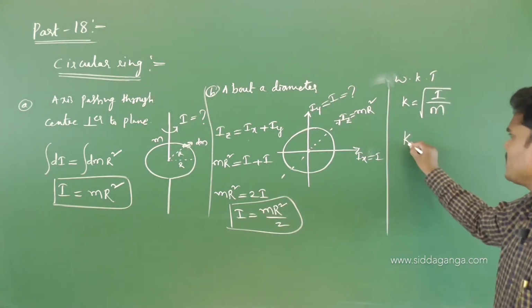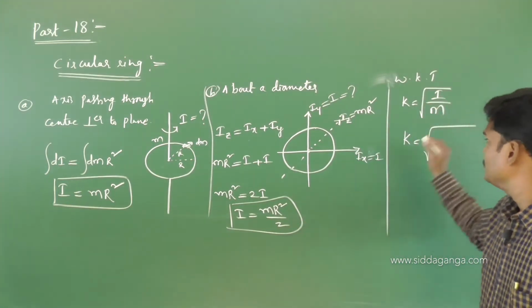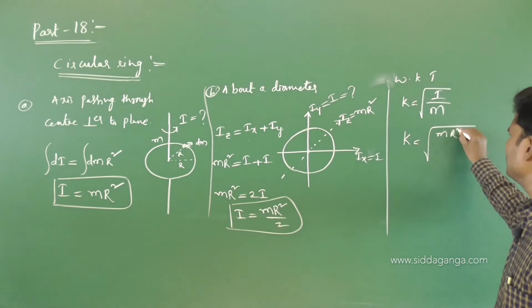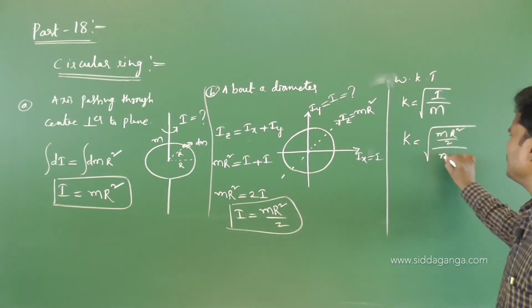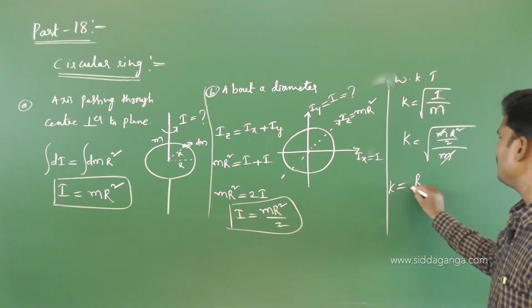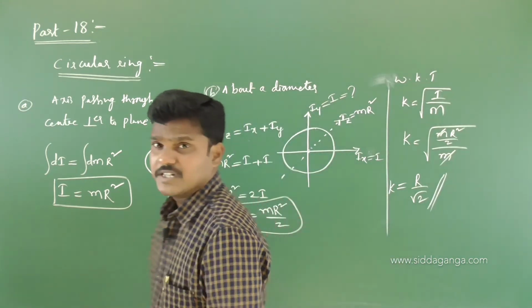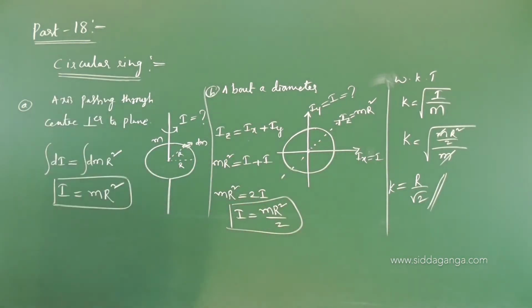What is I? About a diameter, if they ask, you substitute the about-diameter formula, so m r square by 2 by m. The m gets cancelled, so k is equal to r by root 2. So this is the radius of gyration about a diameter.